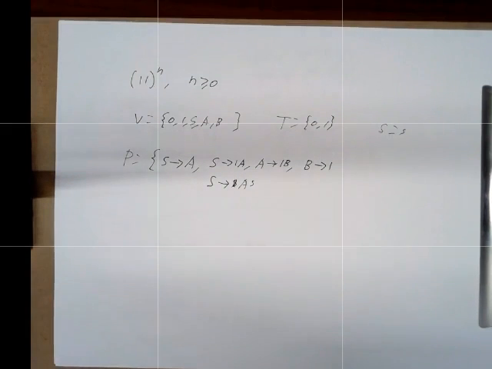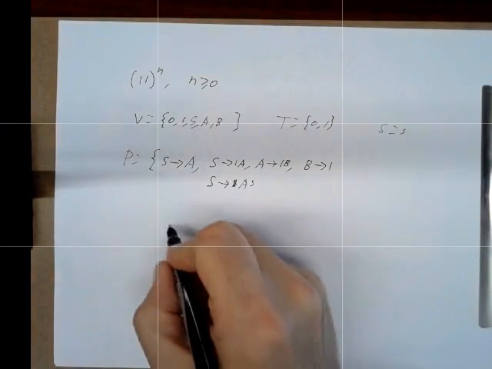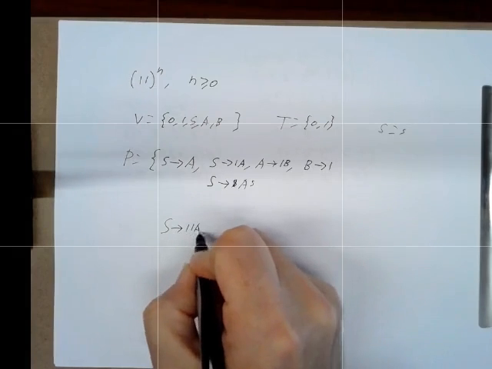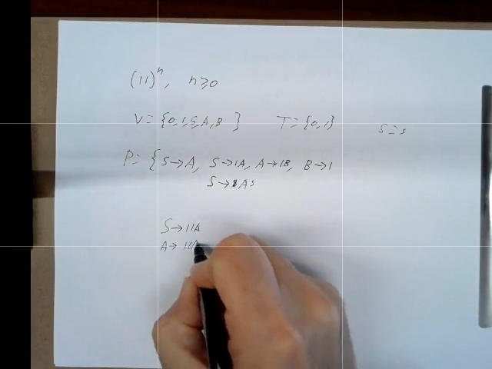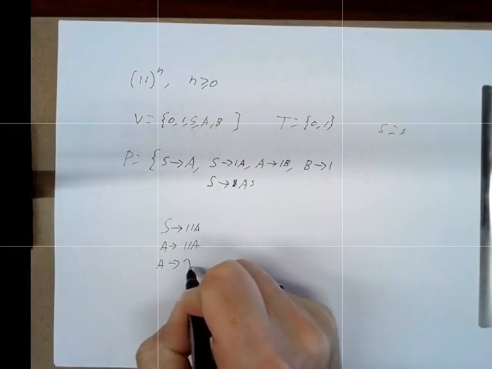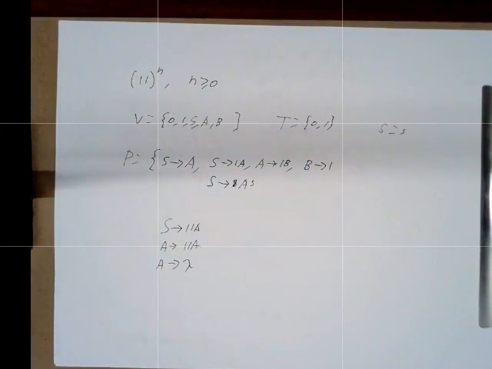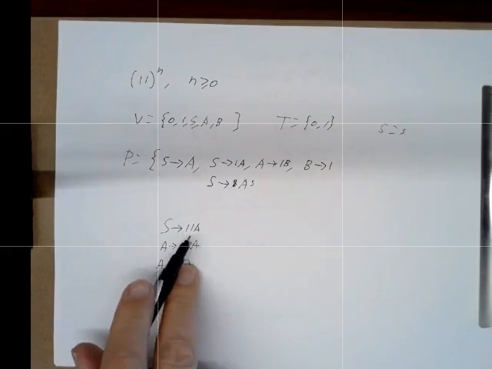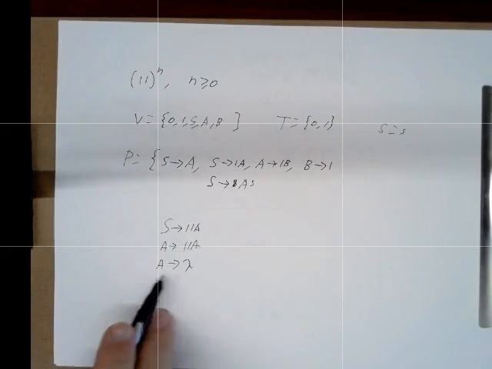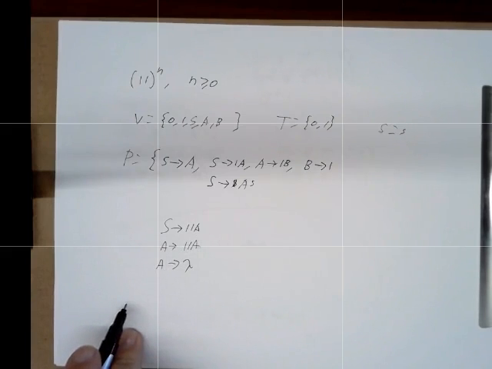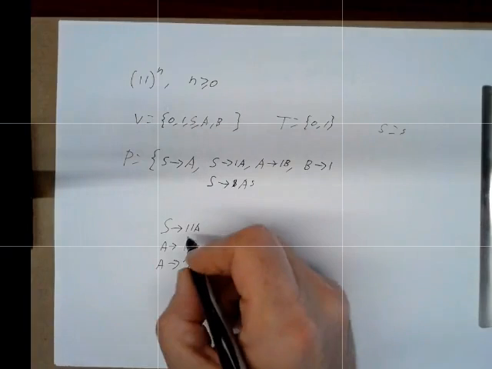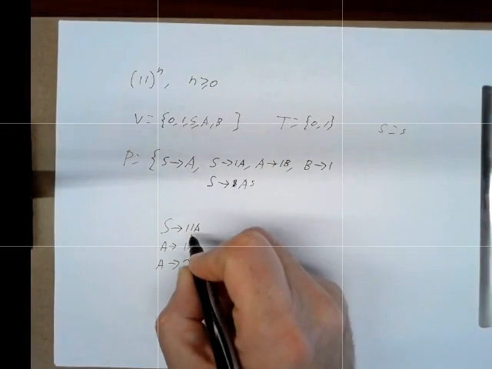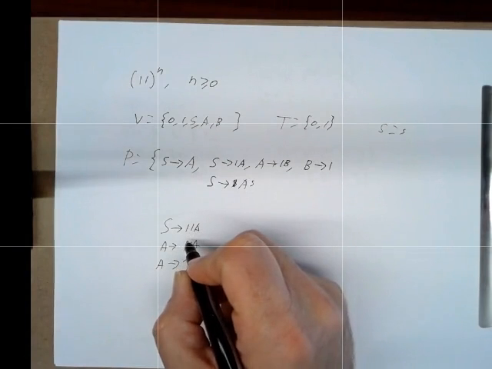So S can be a 11A, which would be a 11, or it can be a 11 followed by a 11A. To fix the zero, you could just have, instead of 1 1 on the S, you could have D and D go to lambda. Well, you could just say S goes to 1, and that would do it.